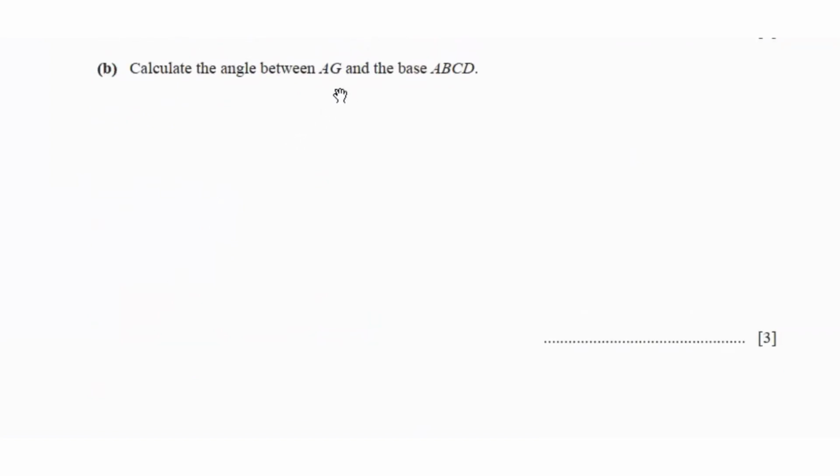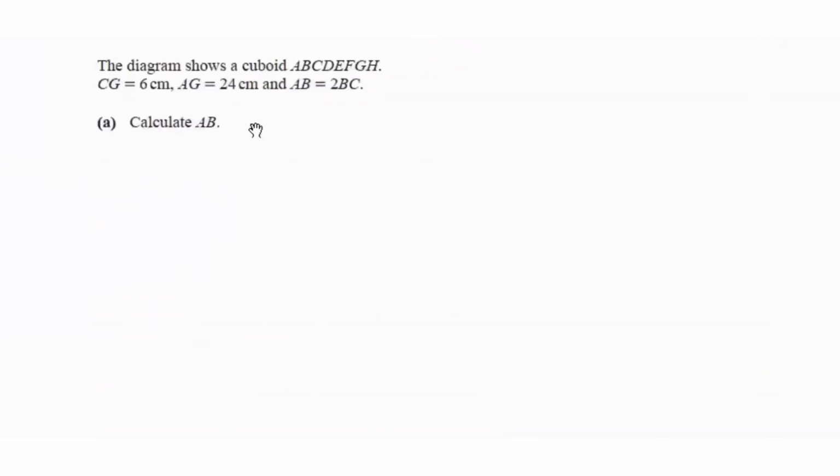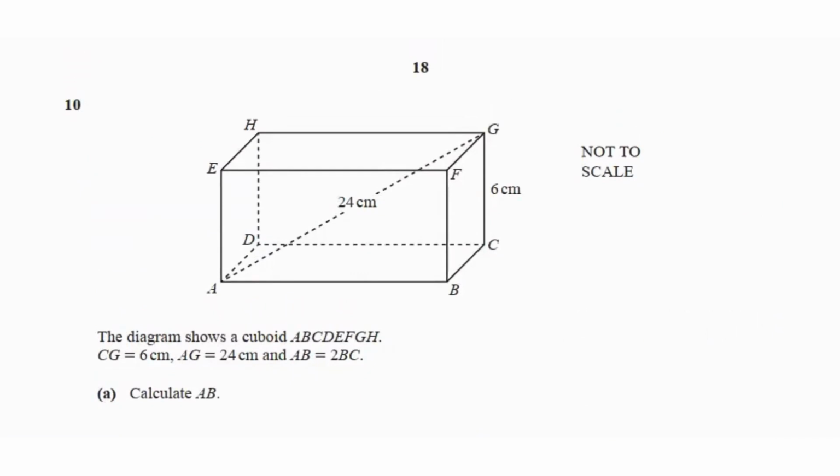Calculate the angle between AG and the base ABCD. So this is the angle that we're trying to find. For this, we can just apply the sine rule because we have the hypotenuse and the opposite.